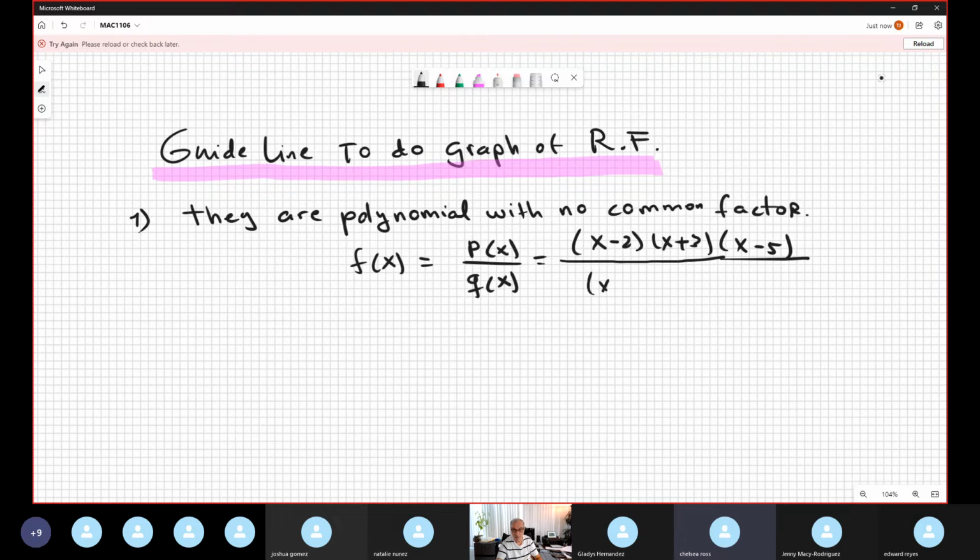The bottom we have x minus 2, x minus 5, x plus 4. And you see clear like water, the factor gets cancelled. And this factor gets cancelled as a whole.